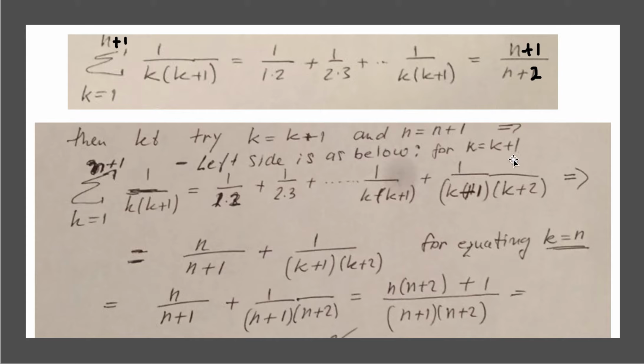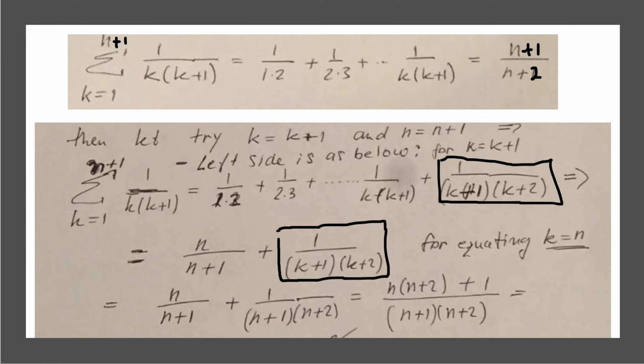And this is equal to n over n plus 1, because on the left side we are adding this extra term. The same thing we are adding on the right side, the same term. So that's what we are doing here.